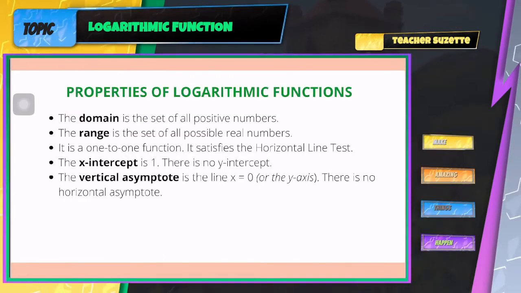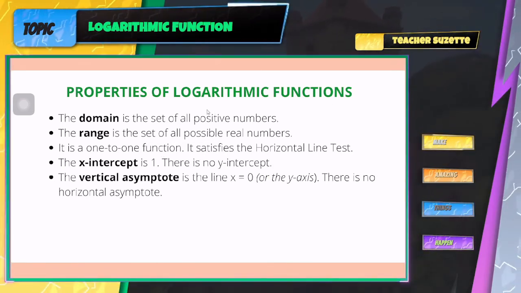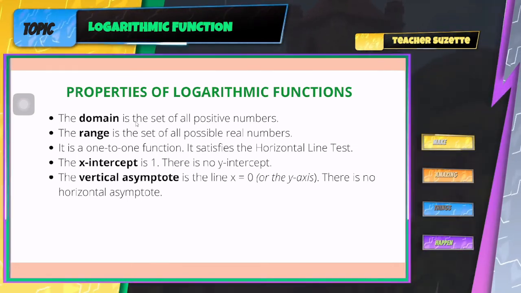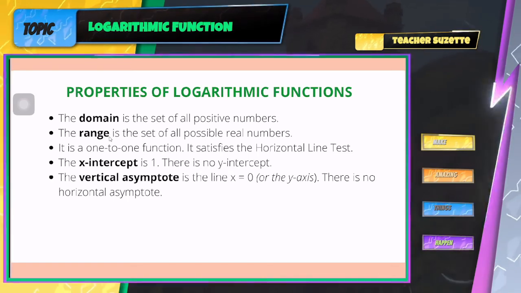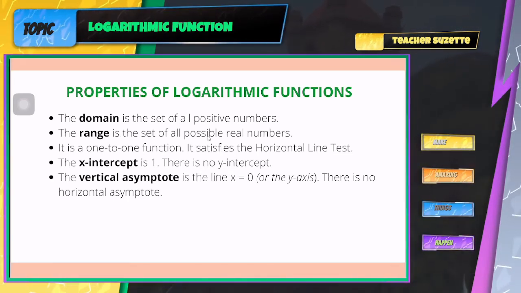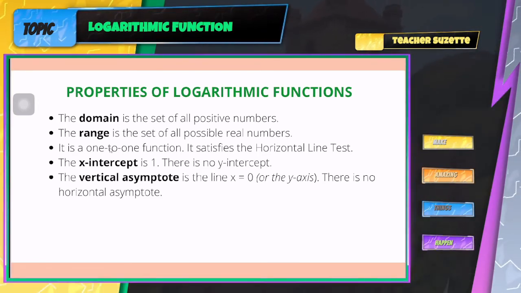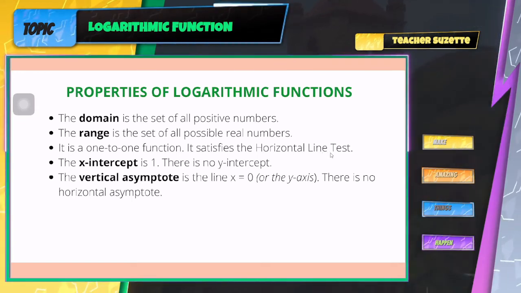So in general po, here are the following properties of logarithmic functions. For the domain, our domain daw po is the set of all positive numbers, while our range is the set of all real numbers. And it is a one-to-one function, for it satisfies the horizontal line test.